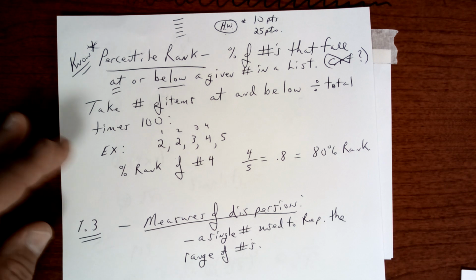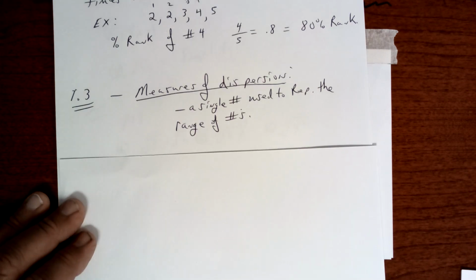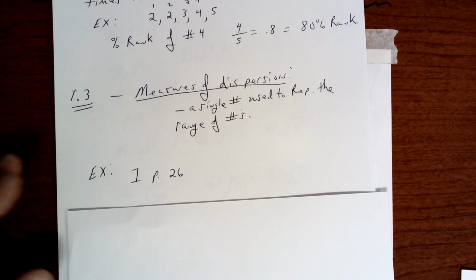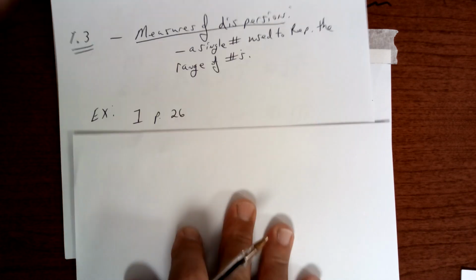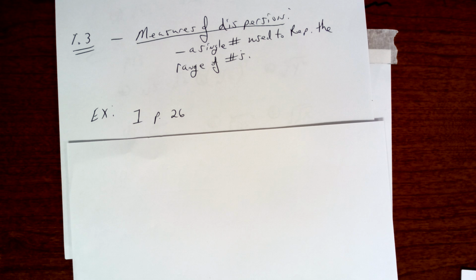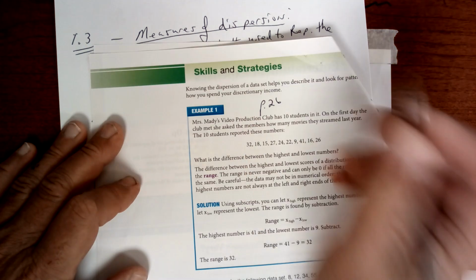Let's go on. New section. Copy this down. Measure of dispersion is a single number used to represent the range of numbers. Turn to page 26. We're going to talk about this concept here. So on page 26, let's take a look.